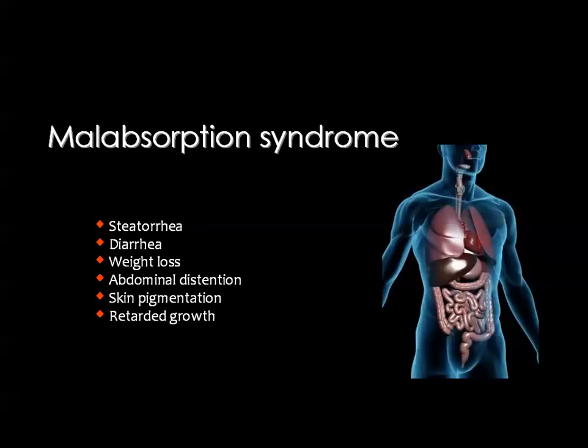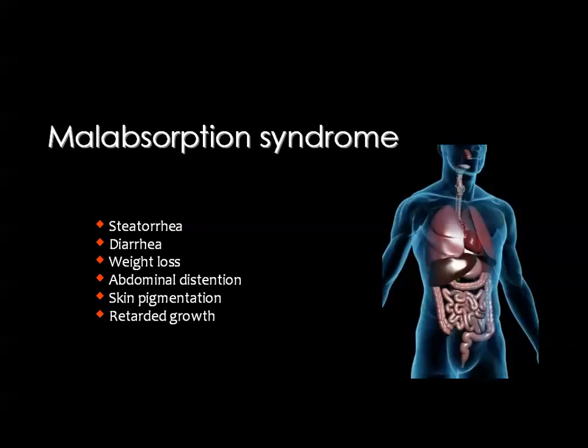Then we came to the issue of malabsorption syndrome, and this disease is usually assessed by the old technique, which is the barium meal follow-through. Of course, in most cases the diagnosis is not reached from the barium meal follow-through, but we say that this is a malabsorption syndrome, and the underlying cause is usually reached by the mucosal biopsy from the intestine.